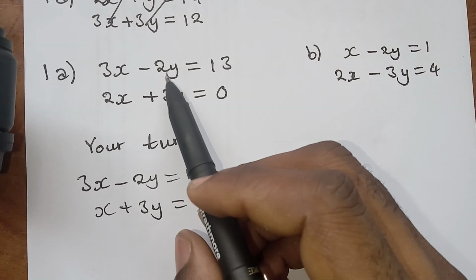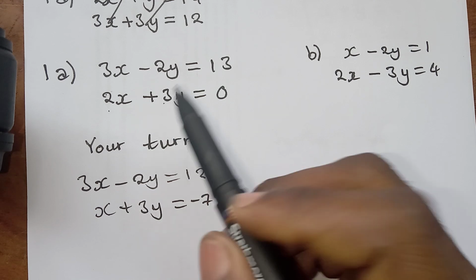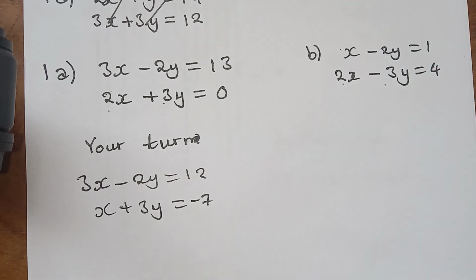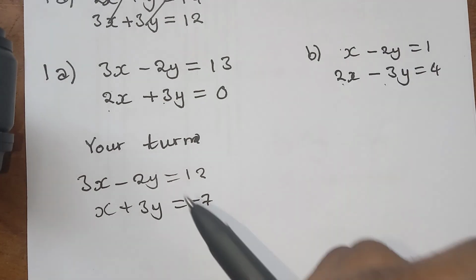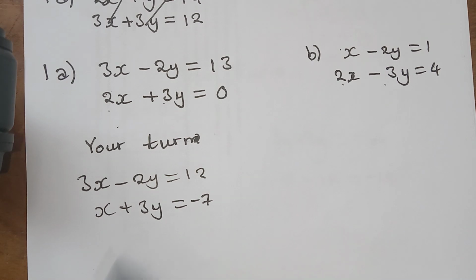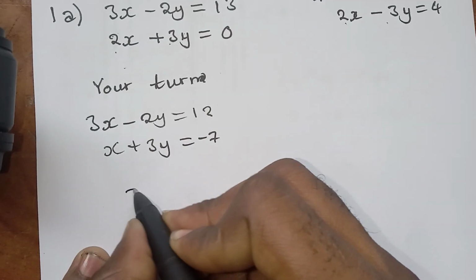Okay, so when you have different coefficients of x and y, all you need to do is change one of them to something that will make them the same. So let me just show you what I mean.